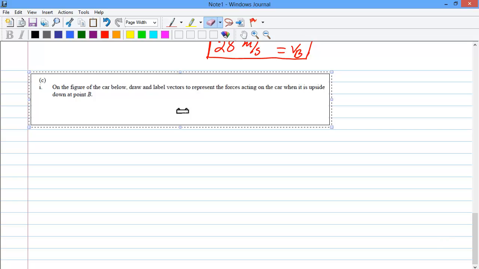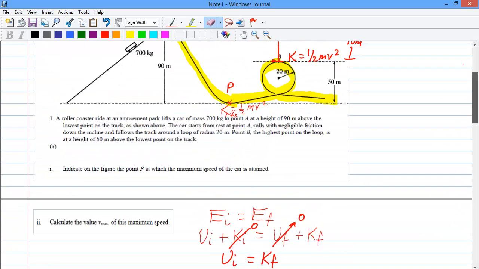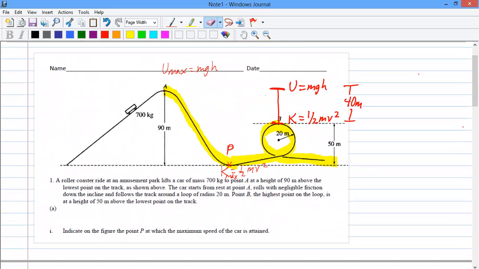For the next question, part C, it asks, on the figure of the car below, draw and label vectors to represent the forces acting on the car when it is upside down at point B. Well, if we look at the picture again, at point B, it's on this loop-de-loop, and what we're looking at is centripetal motion. So it's going to have a centripetal force making it go down. At point B, it has the normal force of this loop pushing it down, but it also has the weight pushing it down.